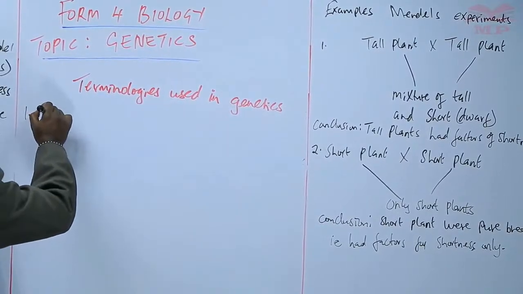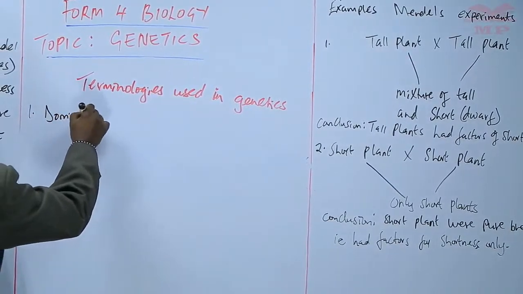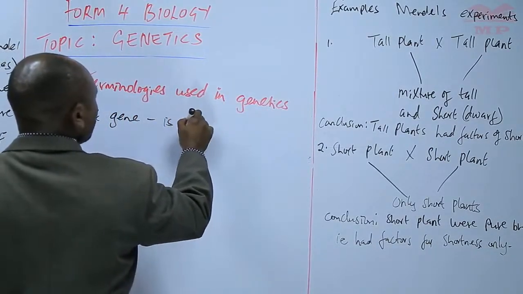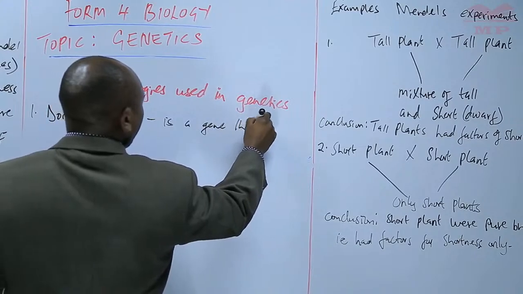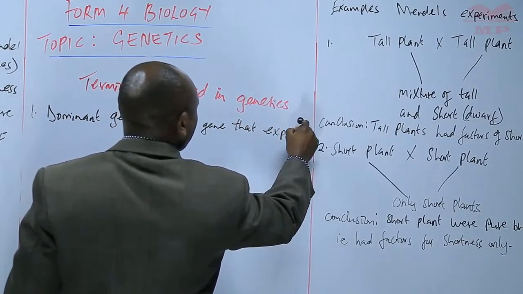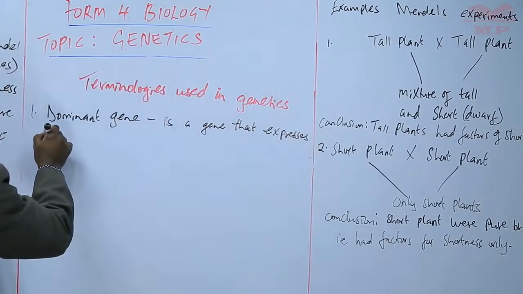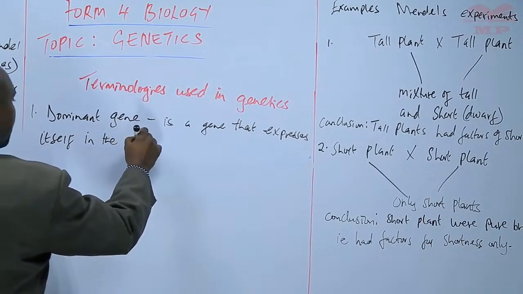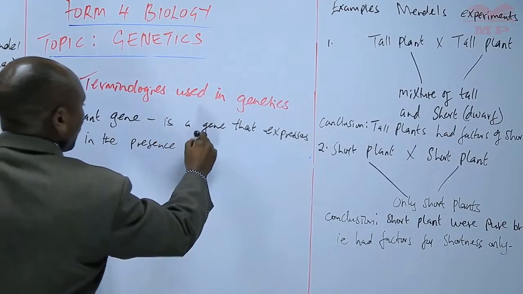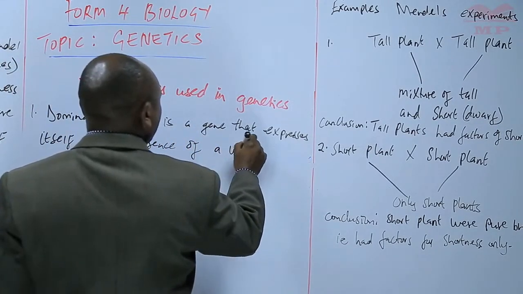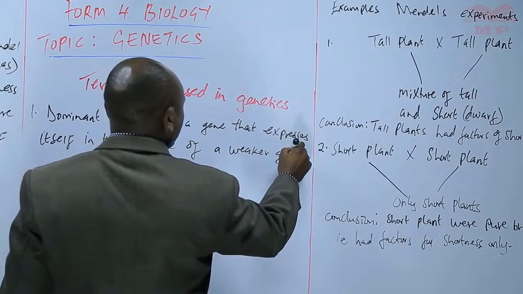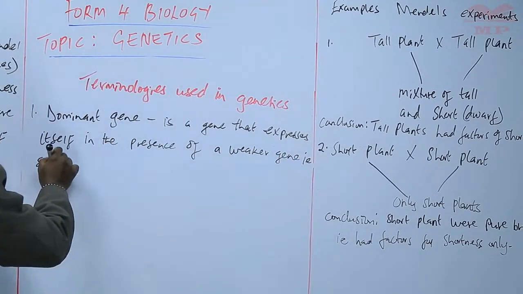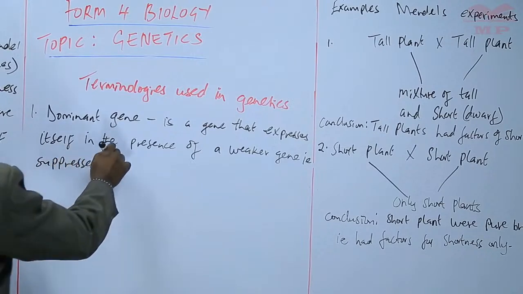So we have one, a dominant gene. This is a gene that expresses itself in the presence of a weaker gene, i.e., it suppresses the weaker gene.